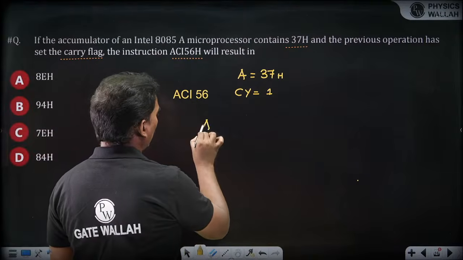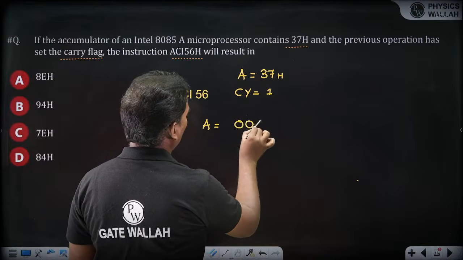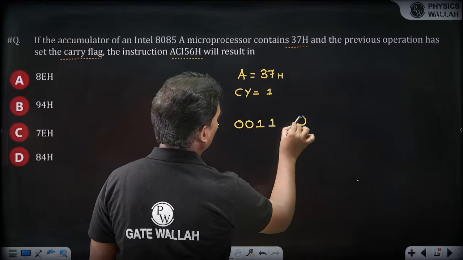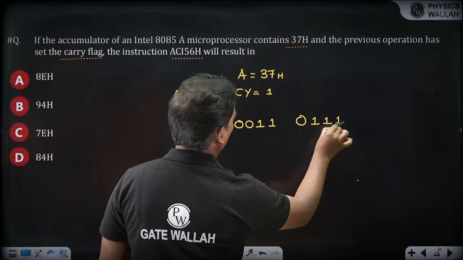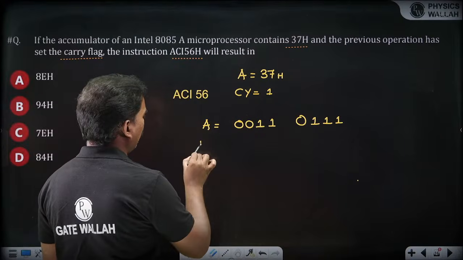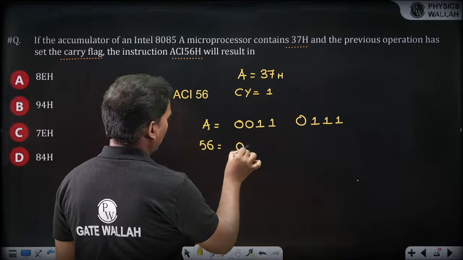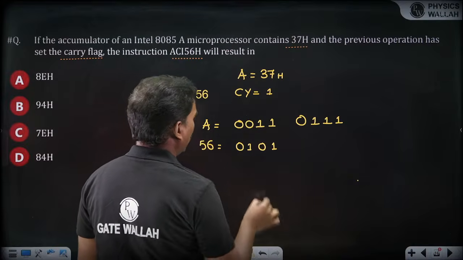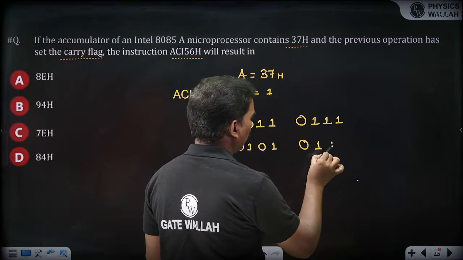So A is equal to 37, that means 0011, 7 means 0111. Next 56 has to be added here, that is 0101, 6 means 0110.